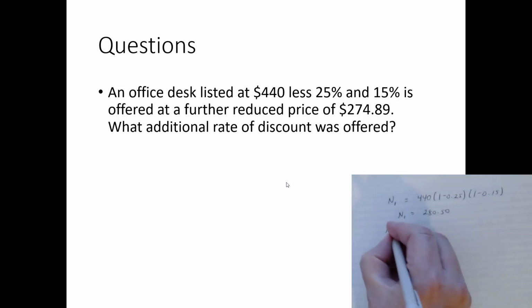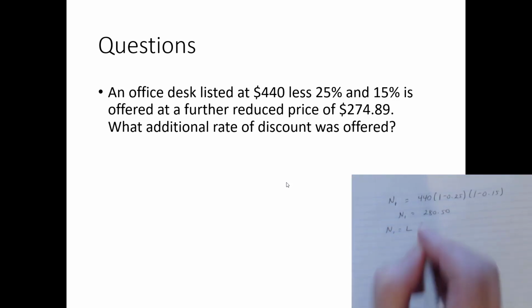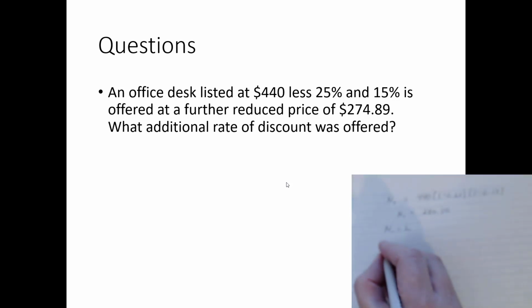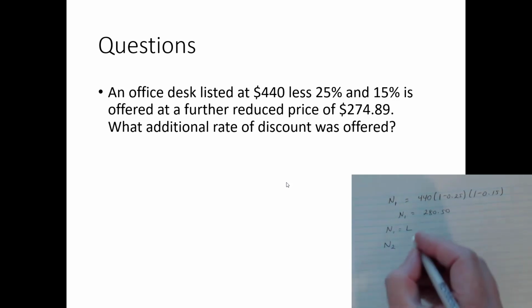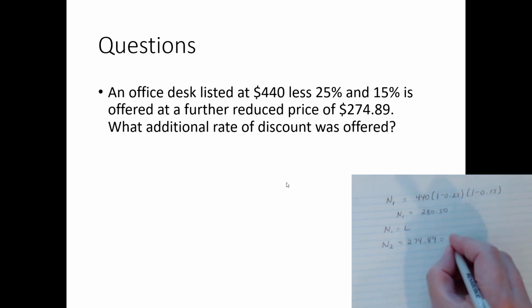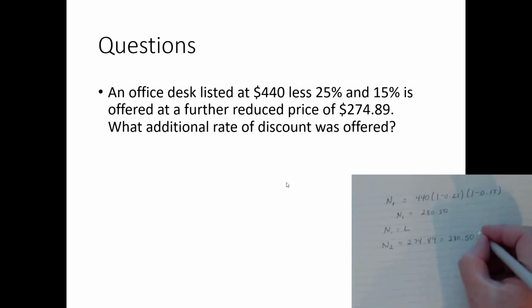So that net price really now becomes the list price for the second equation. And the answer that I'm looking for will be the net price, the second one, which is equal to $274.89, which then equals our new list price, which is the old net price, $280.50, times 1 minus D.